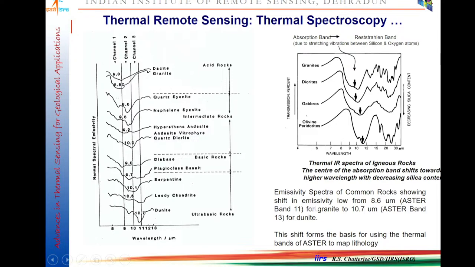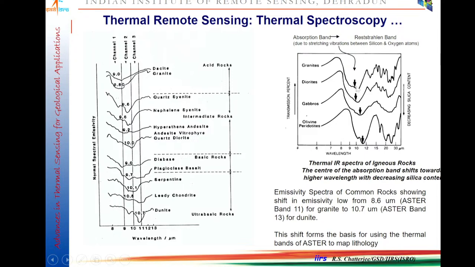It has a low emissivity, or an absorption peak, at 8.6 micrometers here in the case of granite, whereas in the case of ultrabasic rocks it is here at 10.7, isn't it?